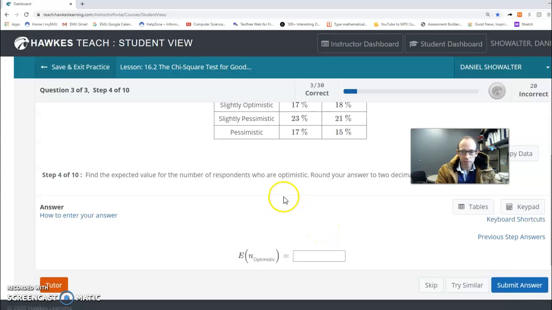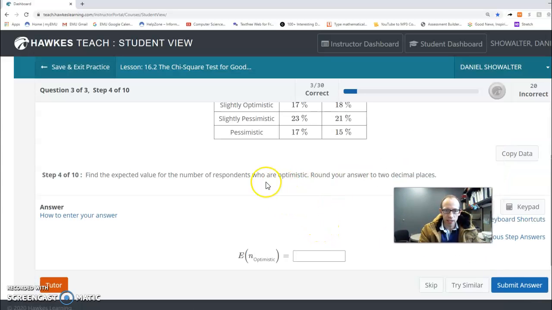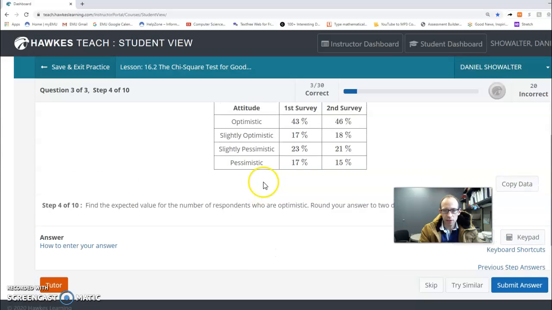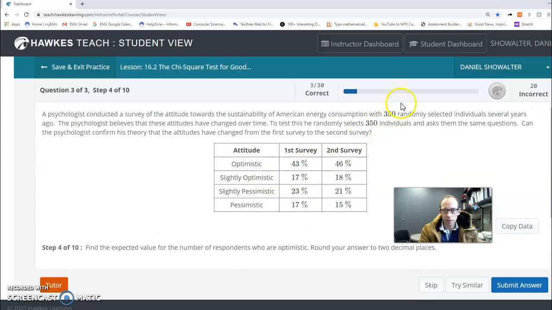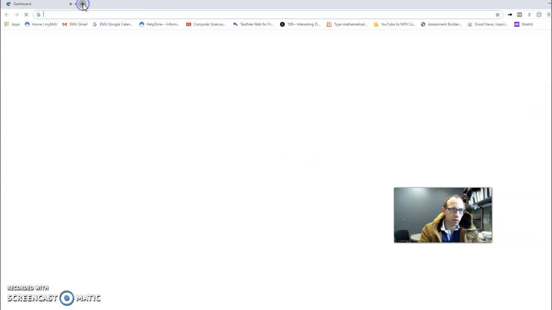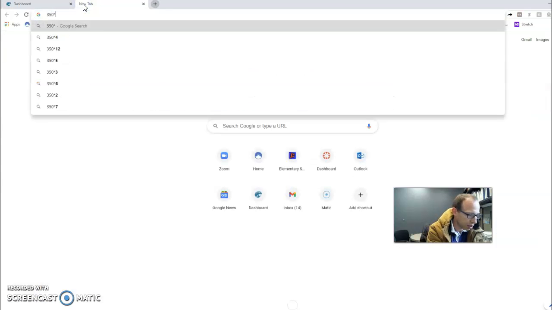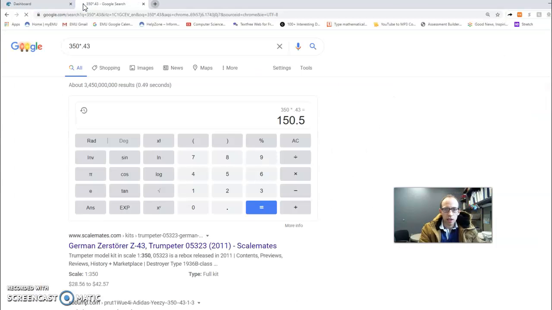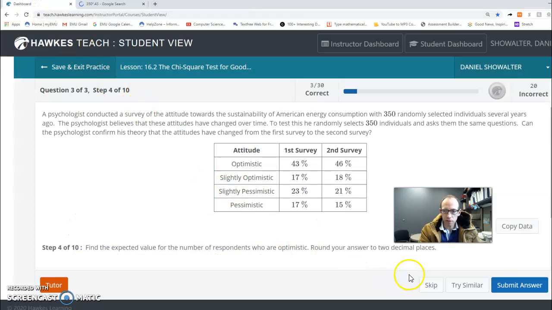Okay, and then we get the expected value for the number of respondents who are optimistic. So here we have to go up and look at the sample size. Here we have 350 times 0.43, and this gives us 150.5.